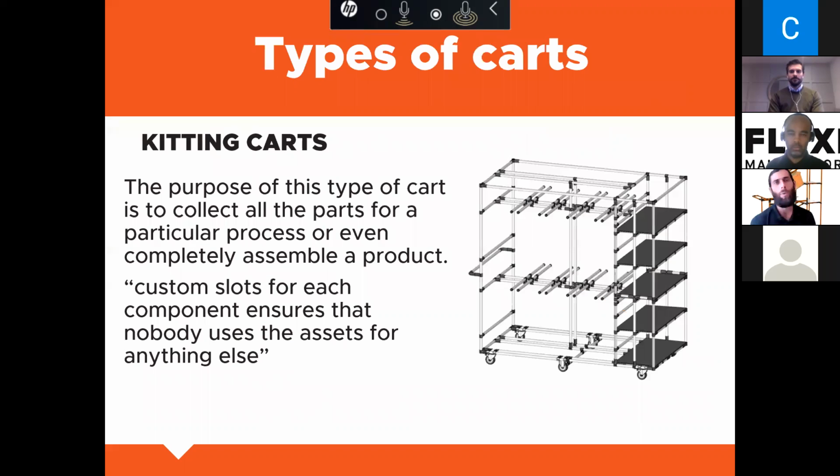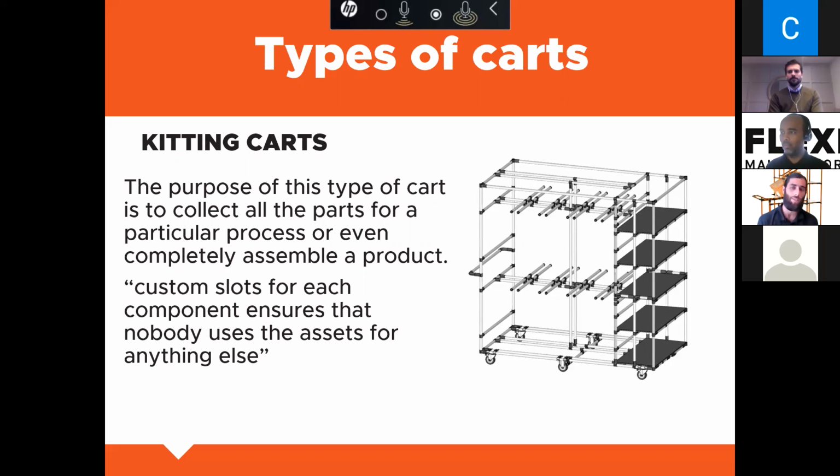When we're thinking about types of carts, there are about 4 or 5 different types that are generally seen. So let's go over those now. We have kitting carts, and ideally these are used to collect parts, to cater to a particular process, or even to assemble a complete product. These are something that you will see often during the building process in any facility.